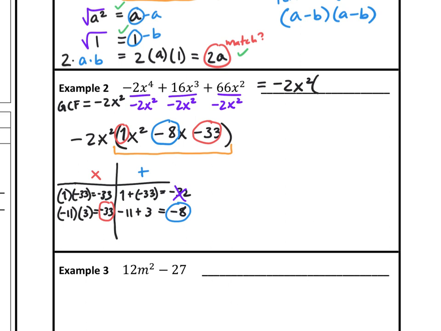And then I'm going to make sure to put 2 parentheses here, right? And the variable is x. So x and x. What was the combination that worked? It was negative 11 and plus 3. So one of them is going to have negative 11, and the other one's going to have plus 3, and so this is my answer.